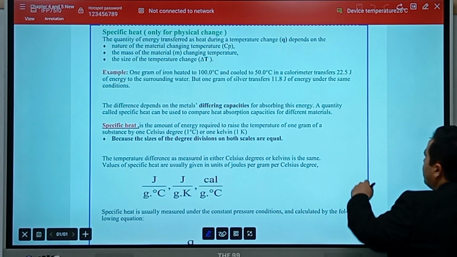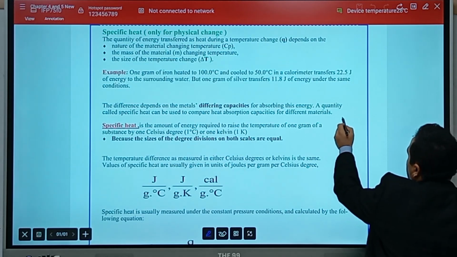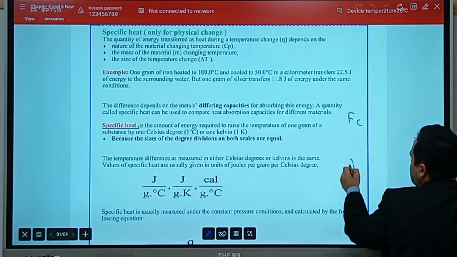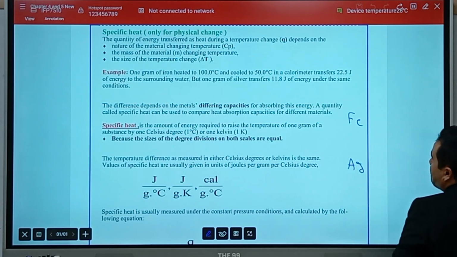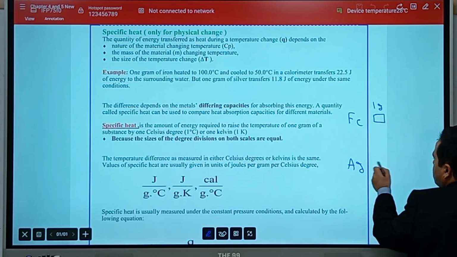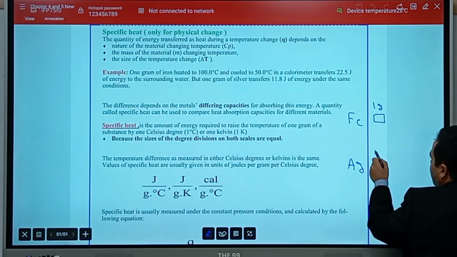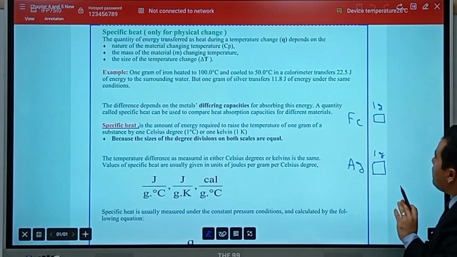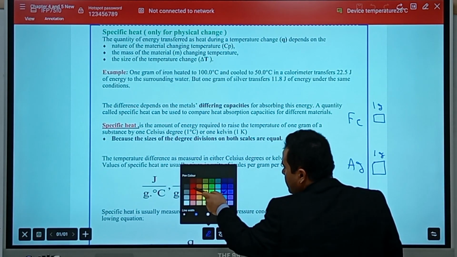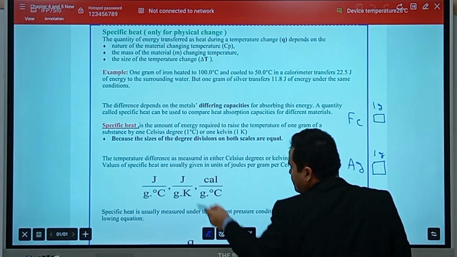The example says that we have iron and Ag, silver. Suppose we have 1 gram of each sample: 1 gram of iron and 1 gram of Ag.